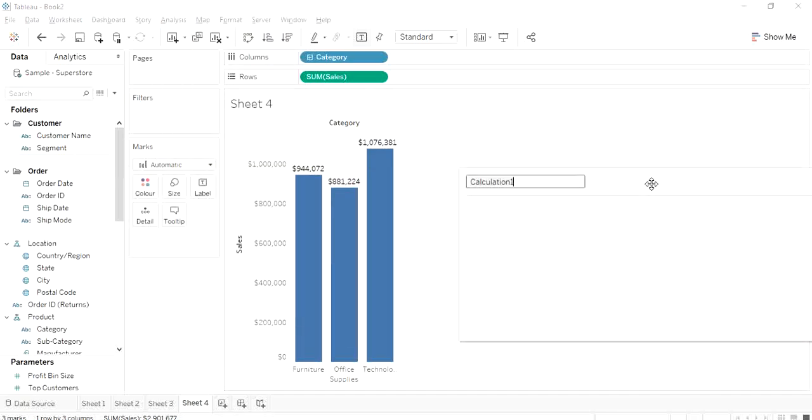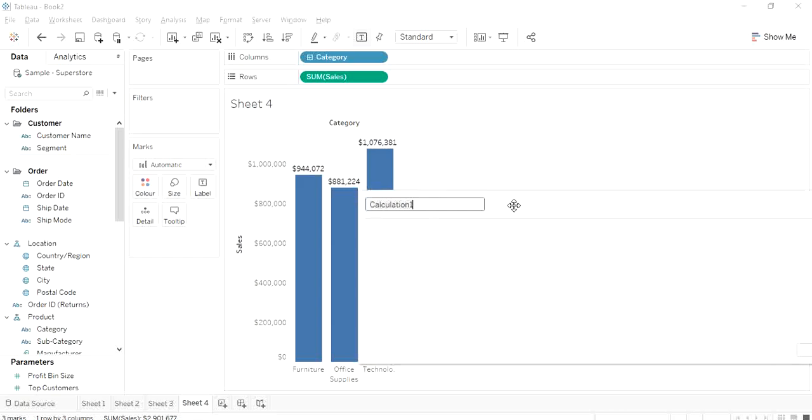What I'm going to do is include customer name. So let's say average sales by customers under each category, because I already have category here.